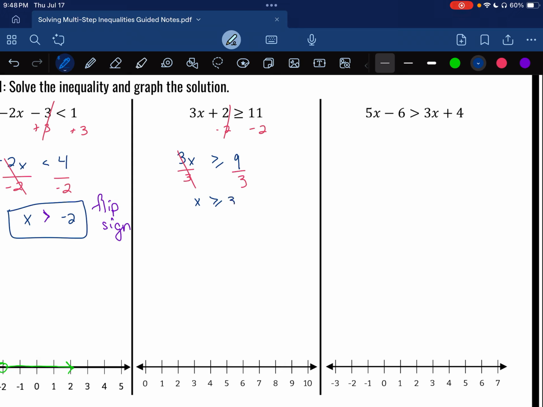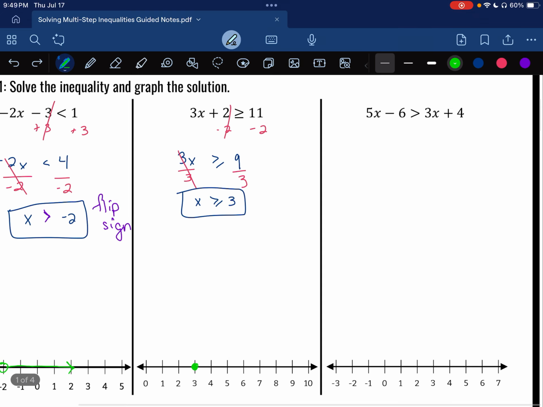I didn't have to flip the inequality symbol because I divided by a positive number. And so we're going to have a closed circle here at 3, and that, oops. You guys know my battle with scribble erase. All right, and then we're going to go to the right because we want values bigger.